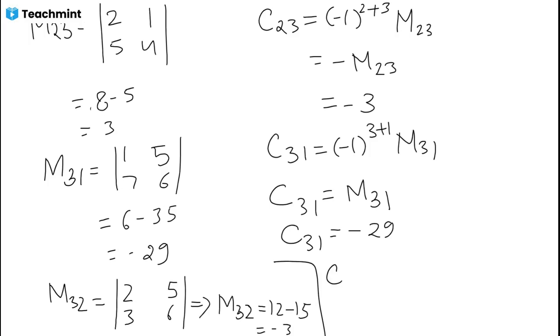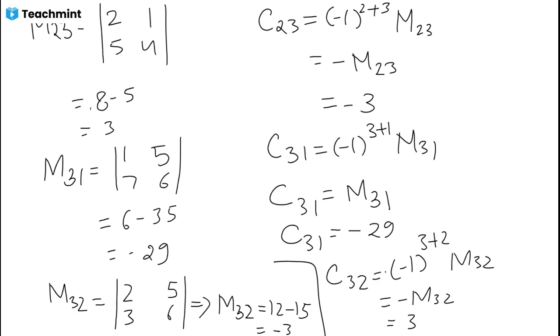So now let us find C32, minus 1 to the power 3 plus 2 into M32. We have the negative of M32. So we have 3. We have here 3 only.